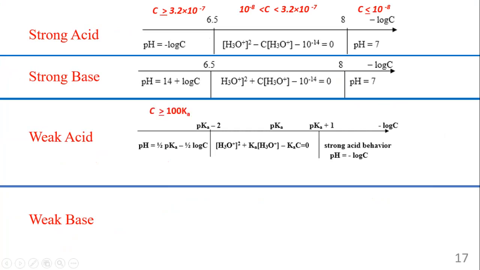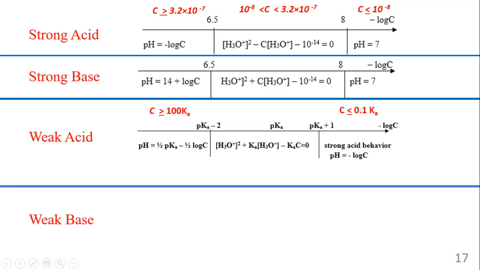If the weak acid concentration is greater than 100 Ka, I simply use pH equals half pKa minus half log C. If the concentration of the acid is less than or equal to 0.1 Ka, so in this last case, number 22, for example, the weak acid has strong behavior, so it acts like a strong acid. And depending on the concentration, in most cases, the concentration will be greater than 3.2 times 10 to the minus 7. So the pH is equal to minus log of the concentration of that acid.